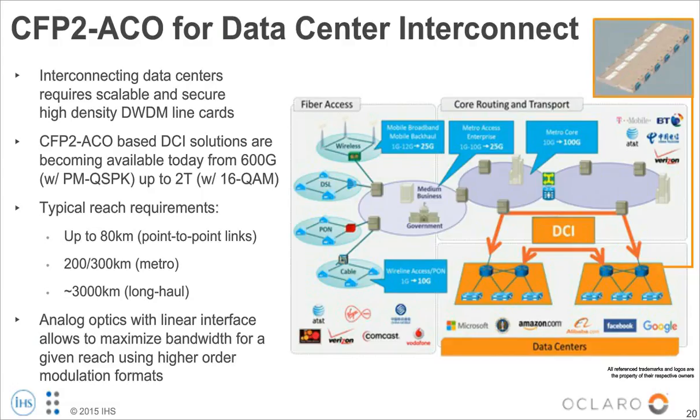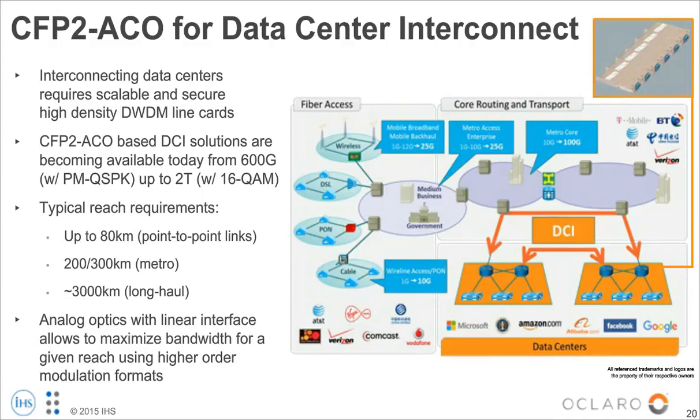What is interesting is that with the flexibility in the modulation format, you can do different data rates for different reach. For example, you can do 100 gig QPSK and go, let's say, 3,000 kilometers, or you can decide that you only need to go 200 or 300 kilometers, and you're going to use 16 QAM and do 250 gig.